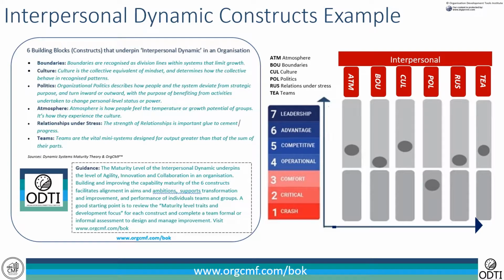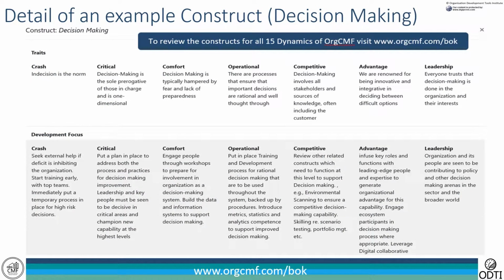As with all constructs, there is a graphical and text-based representation of the findings in the report, which can be viewed in real time. This slide displays an example of the body of knowledge for the decision-making construct in the cognition dynamic. You will note the presentation and structure is consistent with what we reviewed for a dynamic.